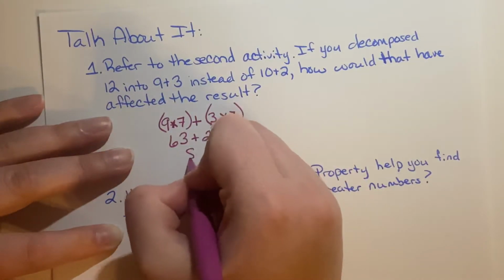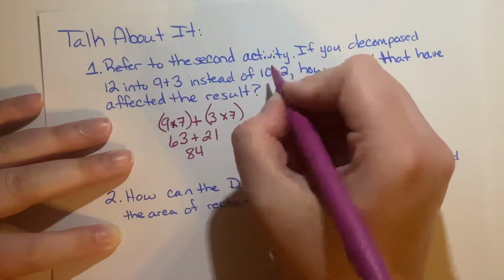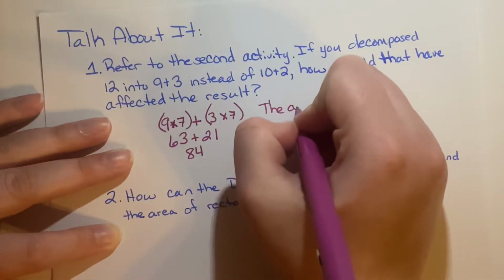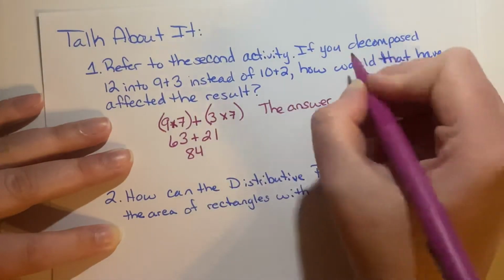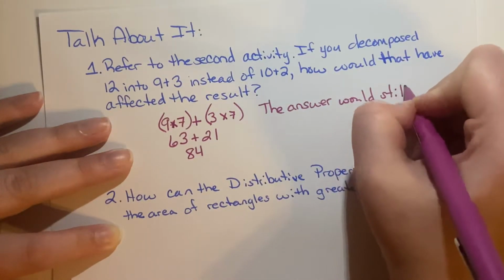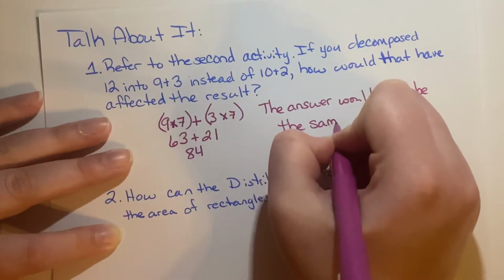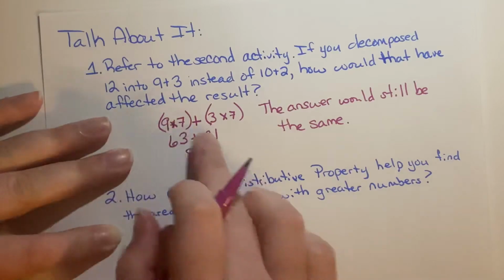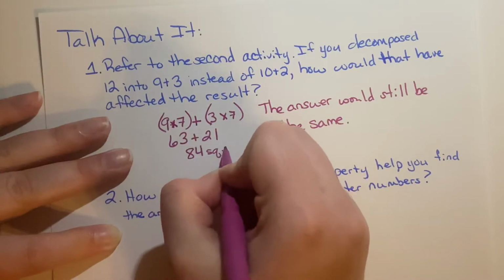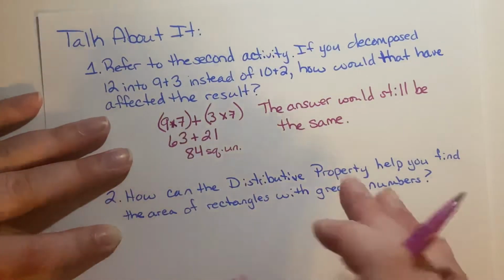We add those together, it would be 84. Did it change? No. The answer would still be the same. Okay, so it would still be 84 square units no matter if we did it this way or the way that we actually did it.